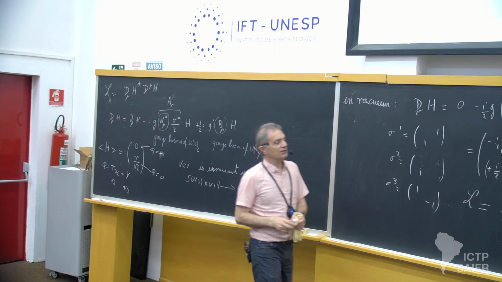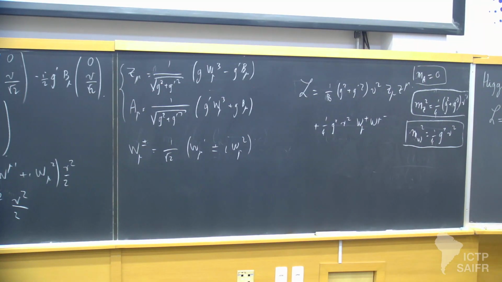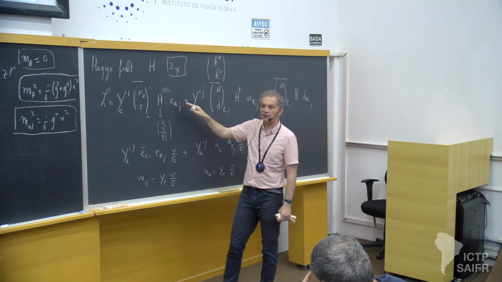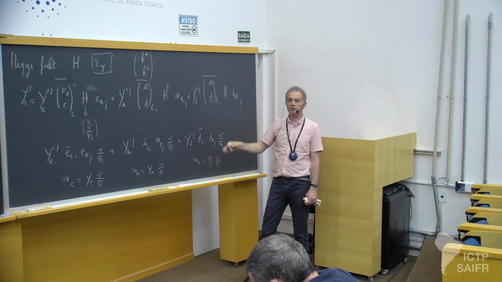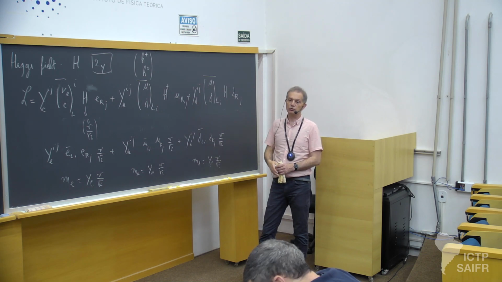And then indeed, in this case, you could write some Yukawa interaction that connects this lepton doublet with the right-handed neutrino. It's also gauge invariant, and that's the way you would generate the mass for the neutrino. Maybe I'll discuss that later.